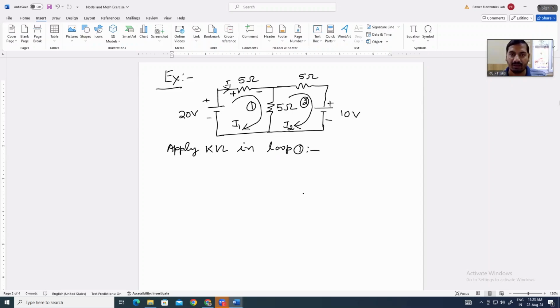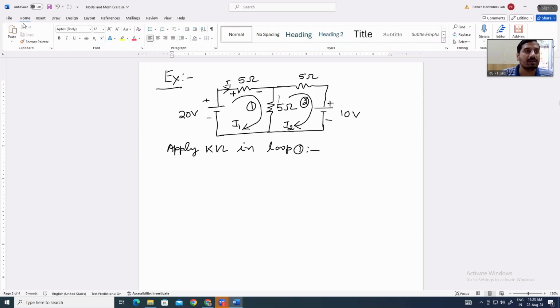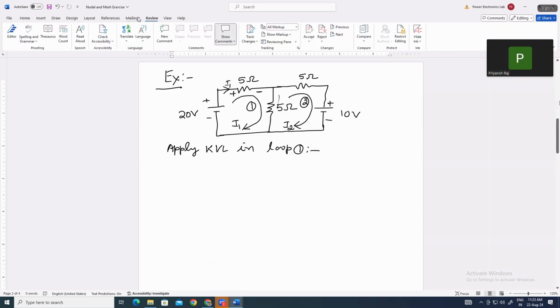Similarly, what will be the current in this 5 ohm branch? How much current will be in the 5 ohm? I1 minus I2.